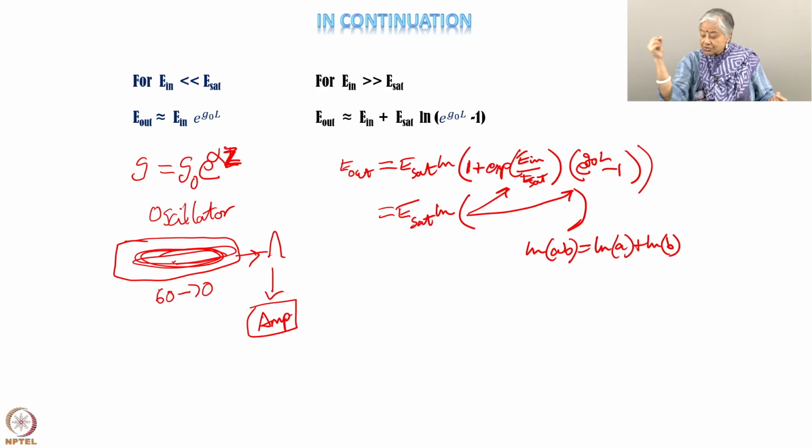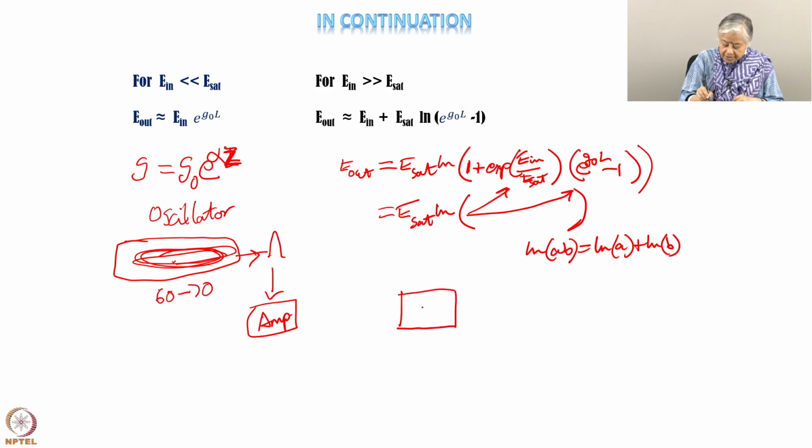So, generally what will happen is, suppose you want to reduce the energy density. Suppose this is one amplifier, amplifier 1, and the laser beam is going into amplifier 2.